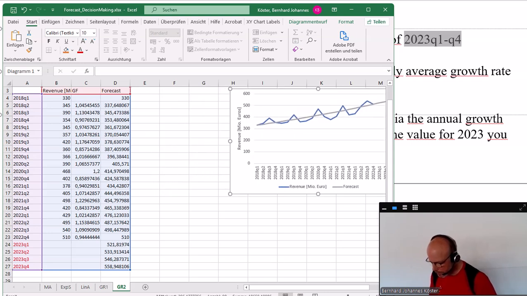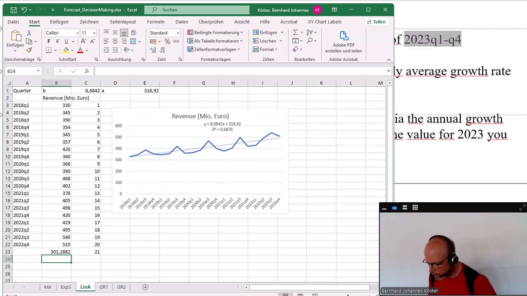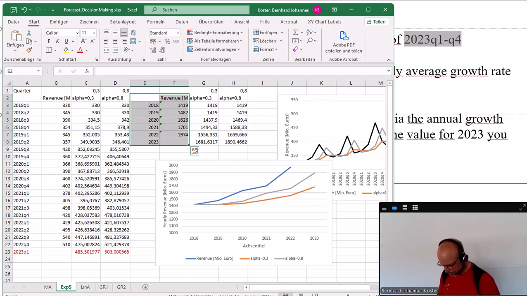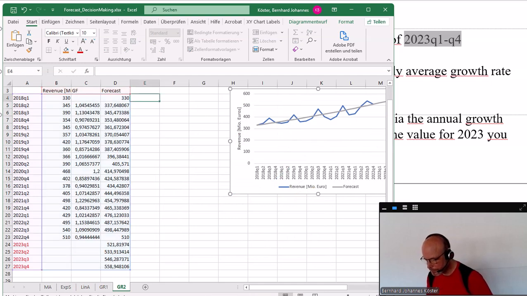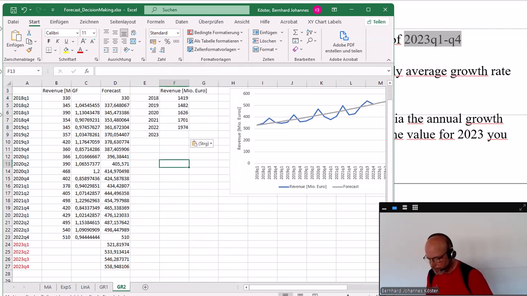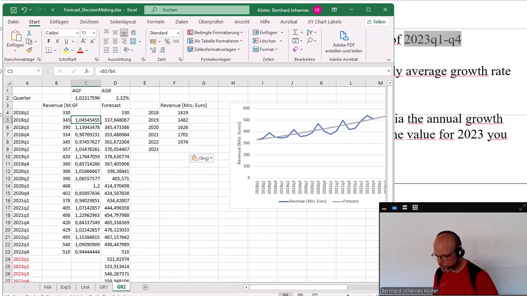And what else? The yearly forecast. This we had here. This was our data. And again, the growth factors.